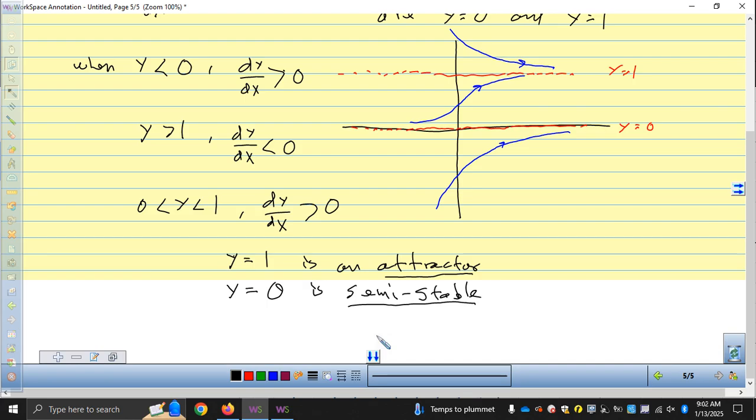And if the slopes are of opposite signs on either side of a point, the solution curves are going to go away. So if the slopes here were negative, so the slopes are always going away from y equals 0, we call that a repeller.